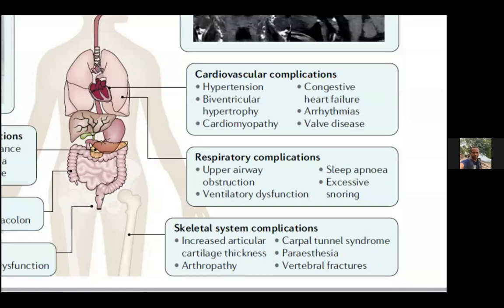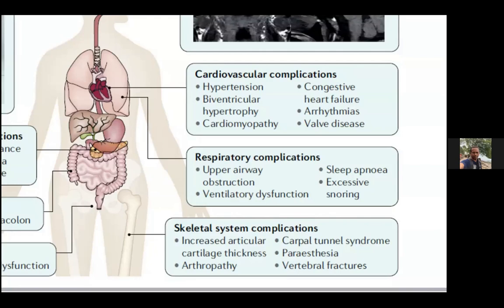Because of increased hypertension, patients would have excessive growth of cardiac muscle also, and they develop an obstructive or sometimes hypertrophic cardiomyopathy, and eventually can lead to congestive heart failure and arrhythmias. Valve disease like prolapsed valves can be noticed in some cases.